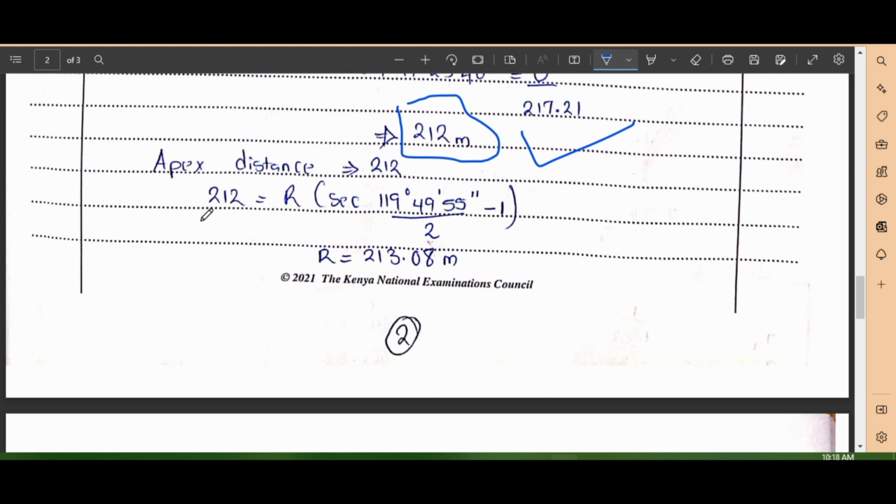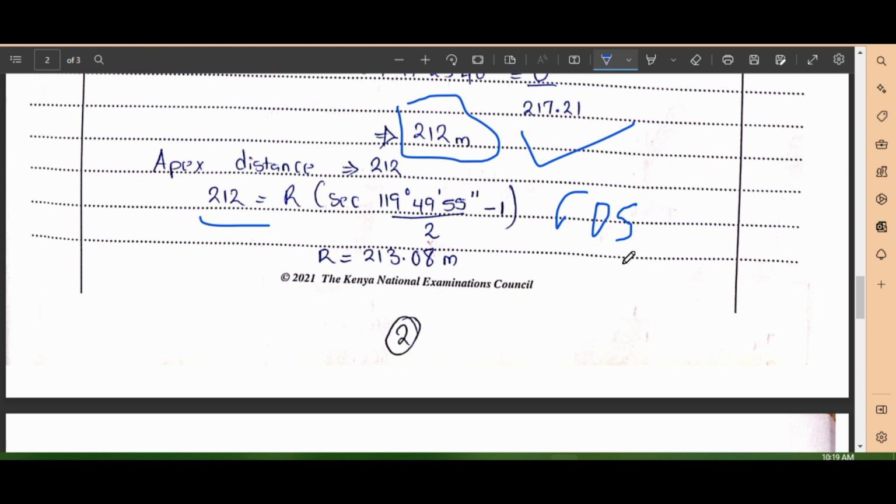So I compare: apex distance, which is 212, is equal to R, which we are supposed to calculate, times (sec of the deflection angle divided by 2 minus 1). So you find the cos of half of the deflection angle, then after finding the cos, you find the inverse of the cos, which represents the sec.